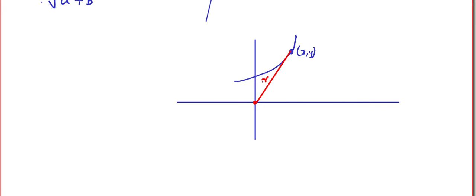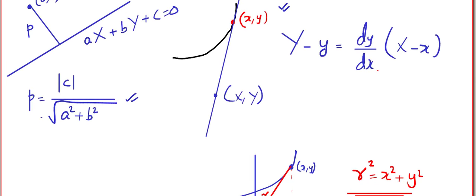Now look at this. You can simply use Pythagoras theorem or polar coordinate system or whatever. You can use Pythagoras theorem, that's the easiest. This is x, this is y, so r square equal to x square plus y square.